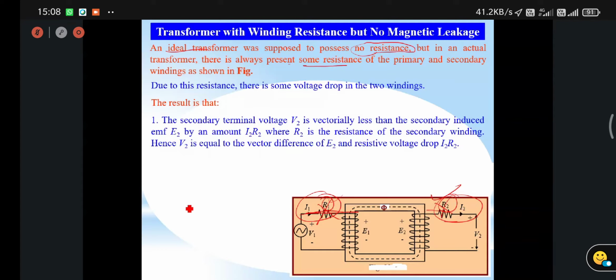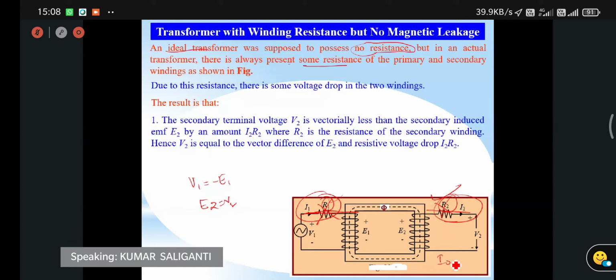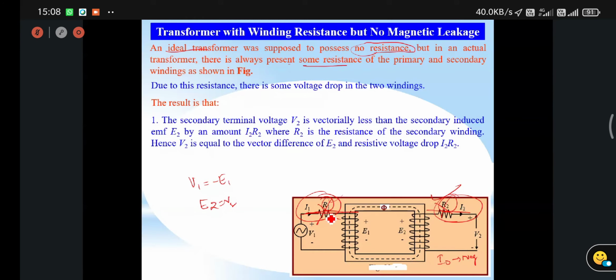So what do you get here? V1 equal to minus E1 and E2 equal to V2 by applying KVL. Why? Because here I naught is neglected. I have not considered I naught here because I naught is neglected.